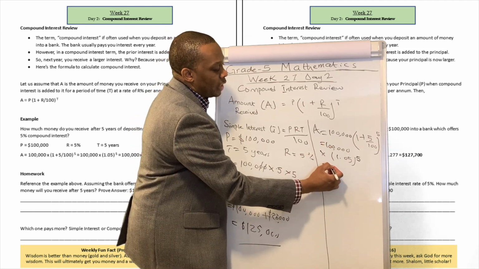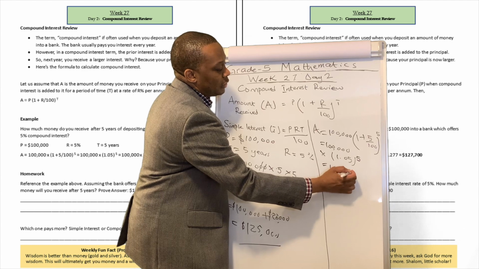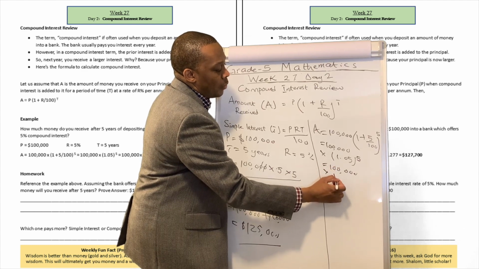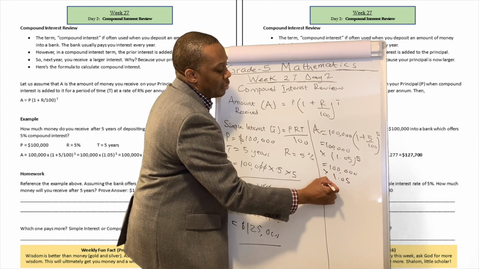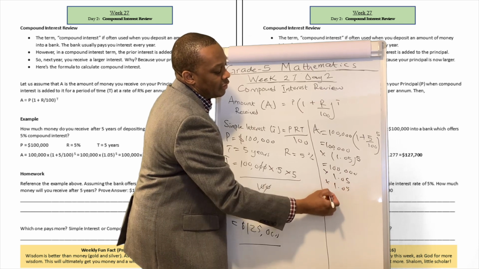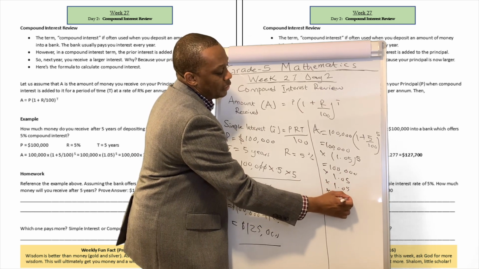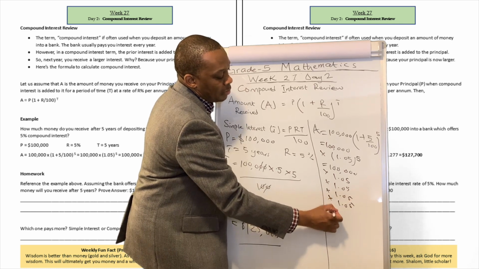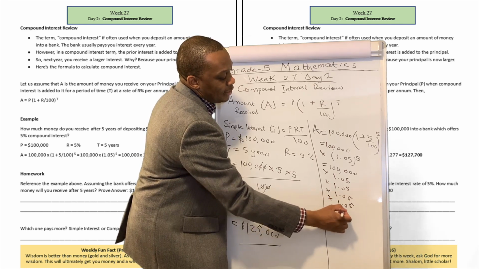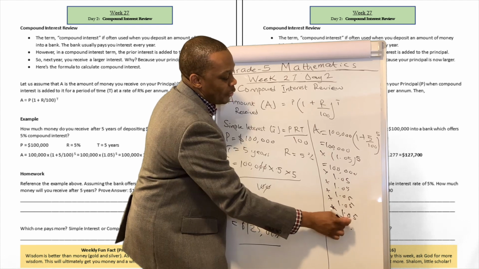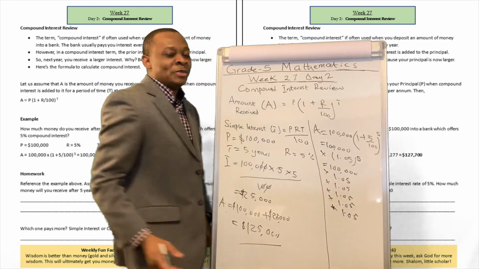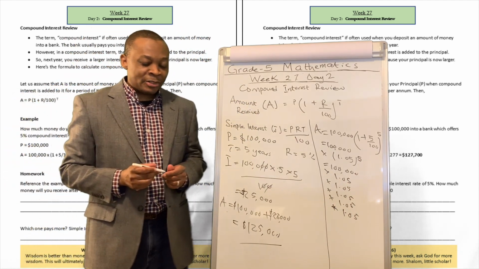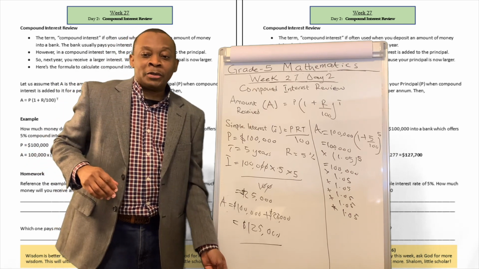You can say $100,000 multiplied by 1.05, multiplied by 1.05, multiplied by 1.05, multiplied by 1.05, multiplied by 1.05. 1, 2, 3, 4, 5. You just want to do it 5 times. That's what it means, raised to the power of 5.